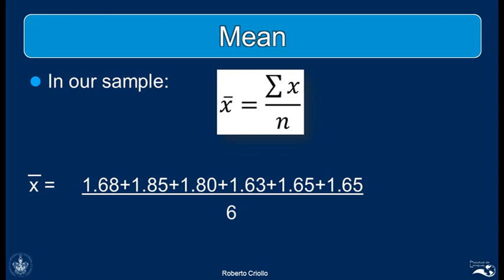There are 6 people in our sample, and the result of this is 1.71. So Napoleon is 1.68, and we can see that he's only 3 centimeters below the mean. So from this first approach, we can say that Napoleon was not very short. He was very close to the mean height in the sample that we are studying here.